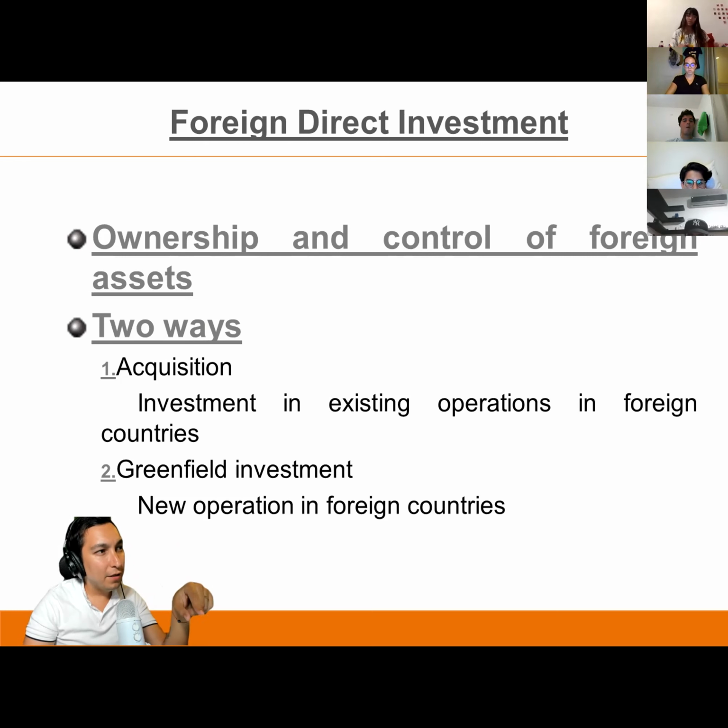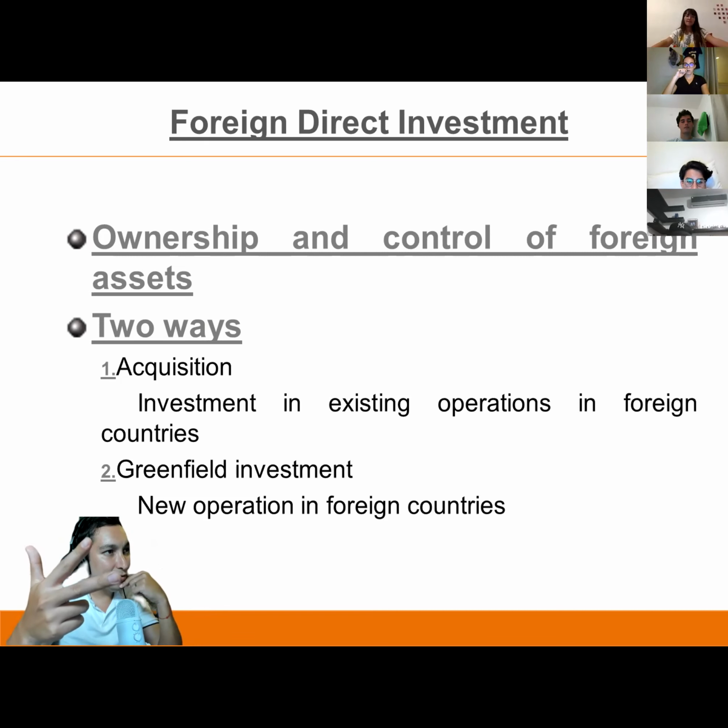What if I'm a company in Venezuela? Do I have a treaty with the US? What if I want to benefit from the US treaty with Mexico, the United States, and Canada?